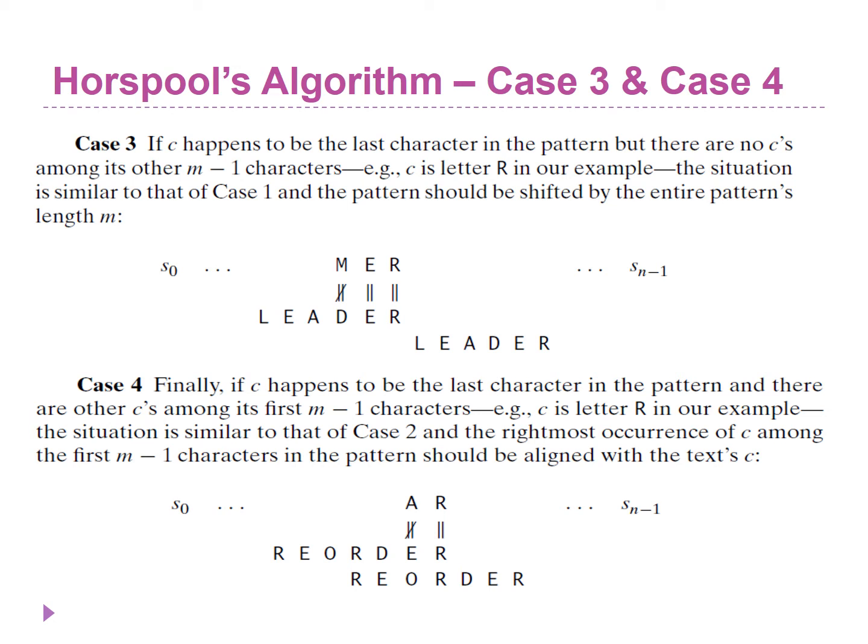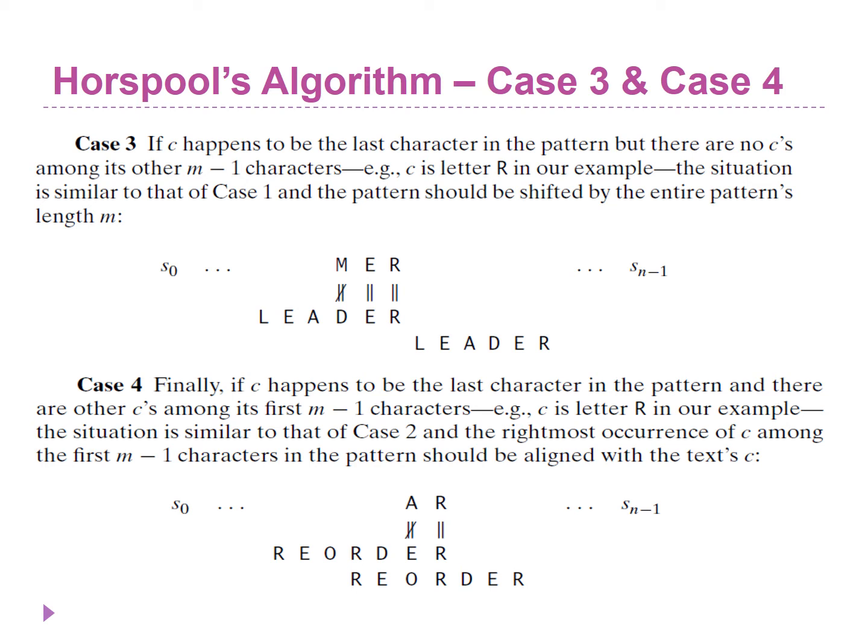Case 4. If C happens to be the last character in the pattern and there are other C's among its first m-1 characters, then the rightmost occurrence of C among the first m-1 characters in the pattern is aligned with the text C. So let us consider the pattern reorder.